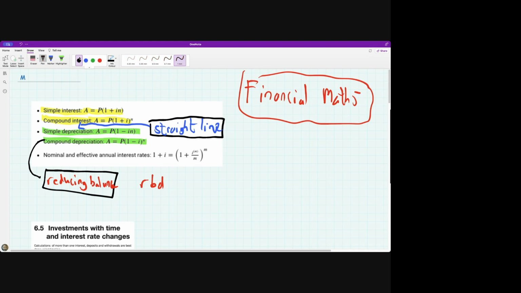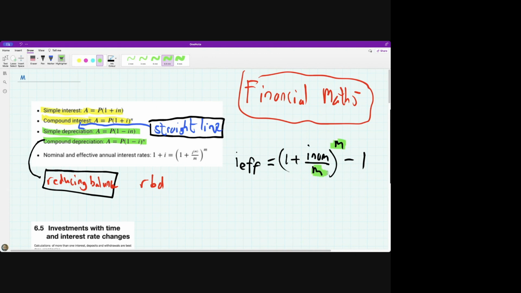And then there was one more formula, which is this one, except I wrote it like this. I wrote it as the i effective is 1 plus i nominal over m, to the power of m, minus 1. I want to know, in this formula, what are the m's all about?